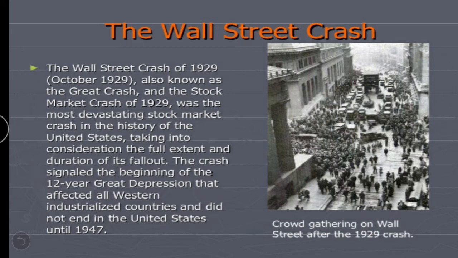First of all, let's see what was the Wall Street crash. The Wall Street crash of 1929, that is October 1929, was also known as the Great Crash, and the stock market crash of 1929 was the most devastating stock market crash in the history of the United States, taking into consideration the full extent and duration of its fallout.